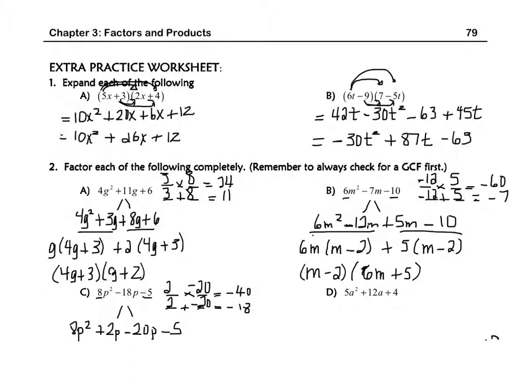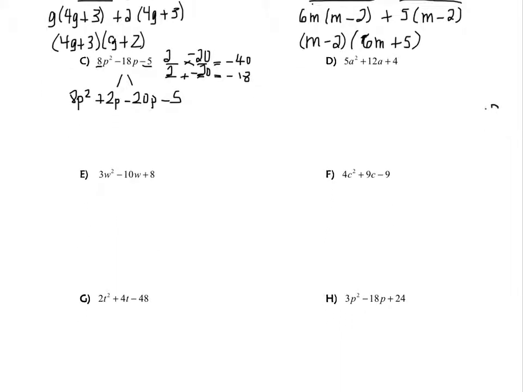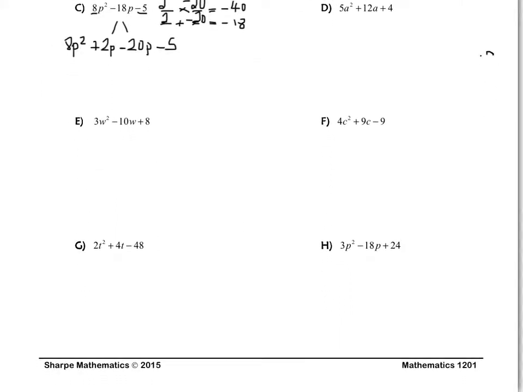I'm just going to move that up a little bit. And then group and GCF. So in the first group, there's a 2 and a p that's a common factor of both of those terms, and you'll be left with 4p plus 1. Anytime you're taking the whole thing out, make sure you replace it with a 1, because 2p divided by 2p is 1.